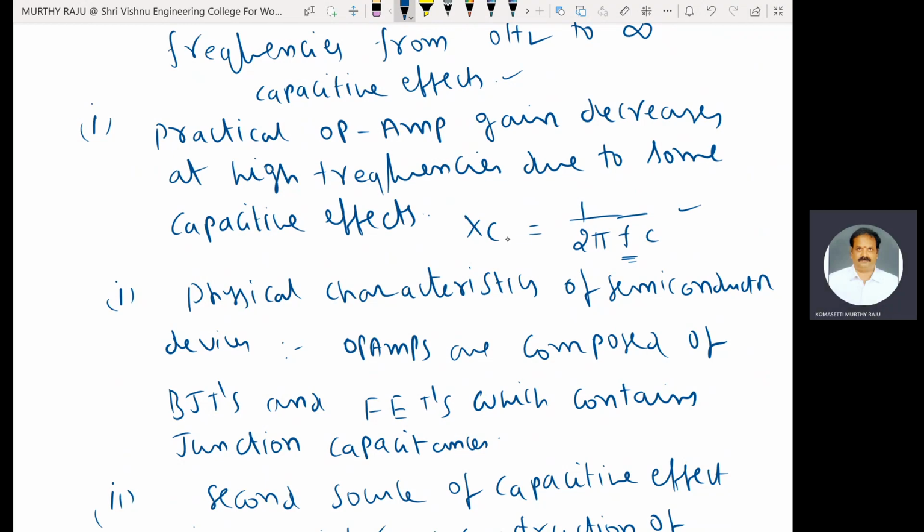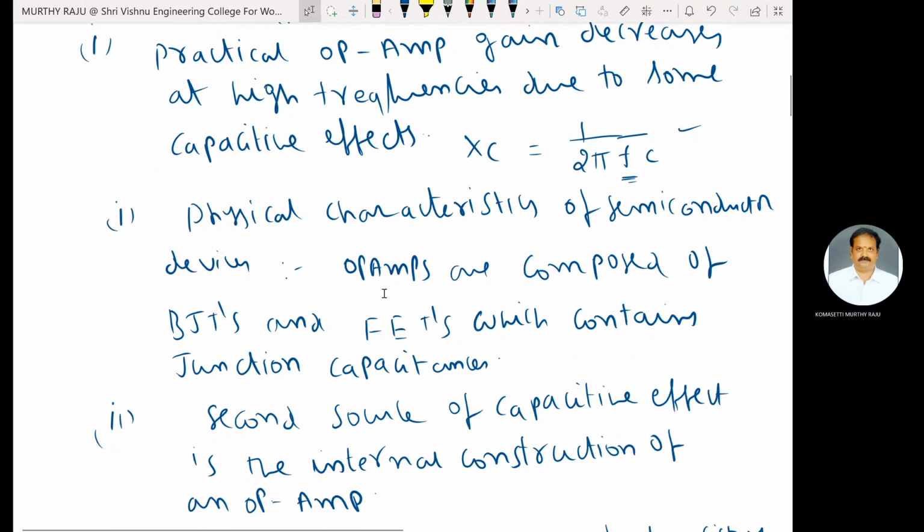When F is very high, Xc has some finite value, and that value is included. Due to that value, the open loop gain of an operational amplifier decreases at high frequencies.